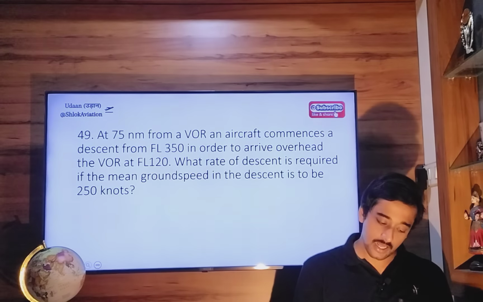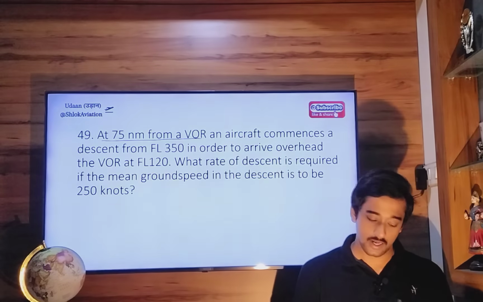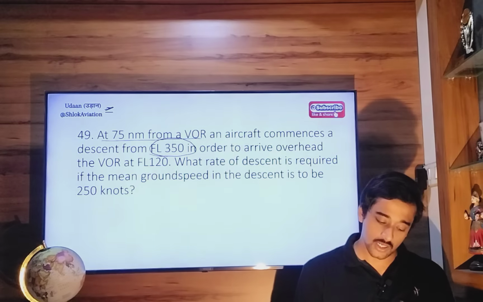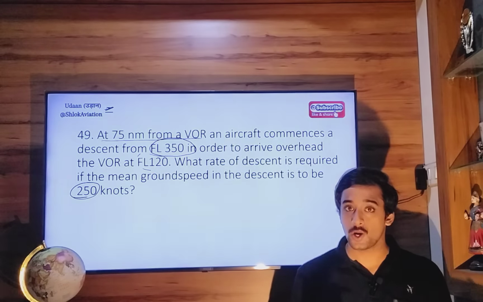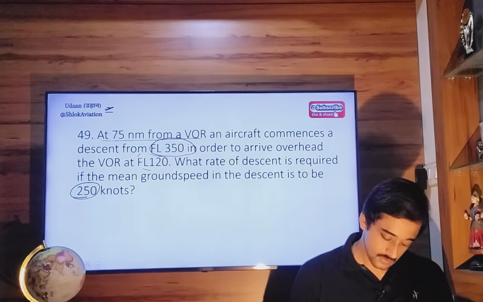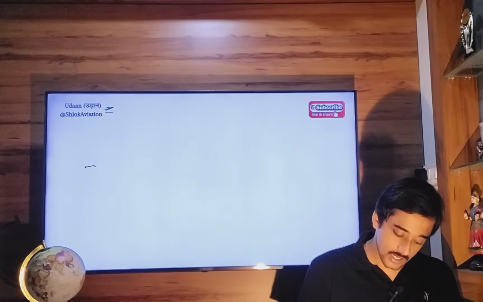Next, at 75 miles from a VOR, you descend from 35,000 to 12,000 at a speed of 250 knots. What should be your rate of descent? So this is your VOR station.